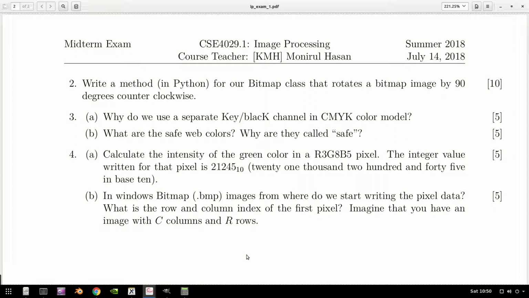We got C columns and R rows. In Windows BMP, where do we start writing the pixel data? There's a very specific answer to that. 112. And how did you come up with that answer?